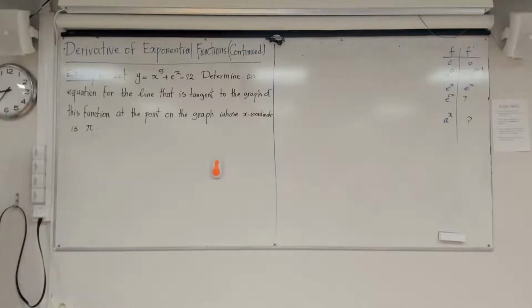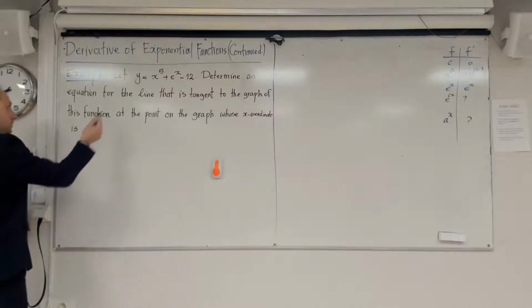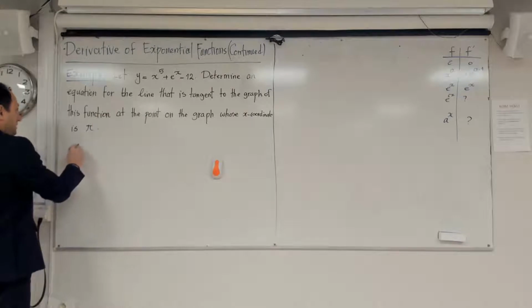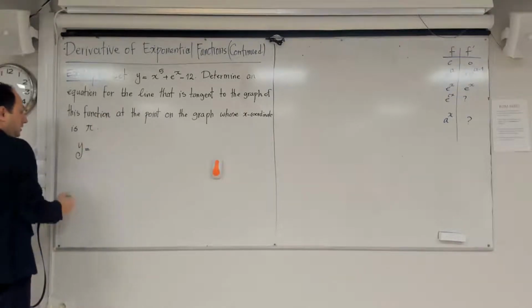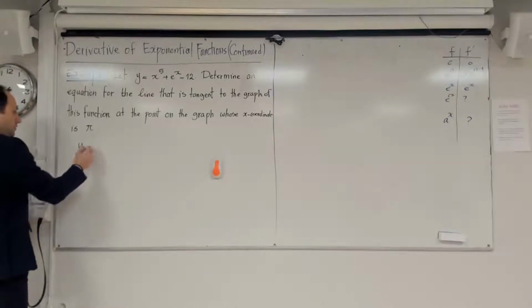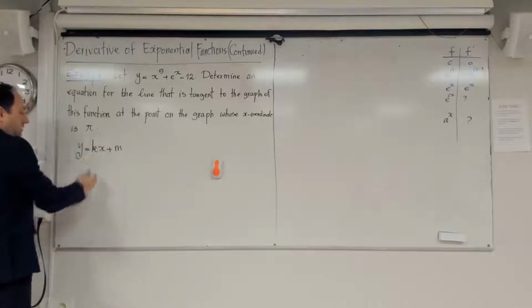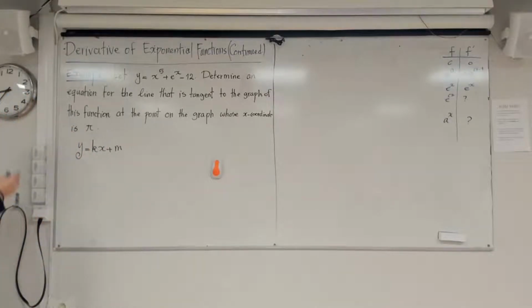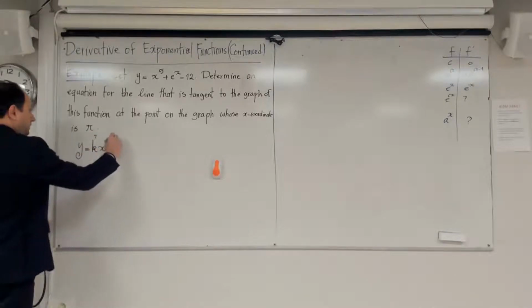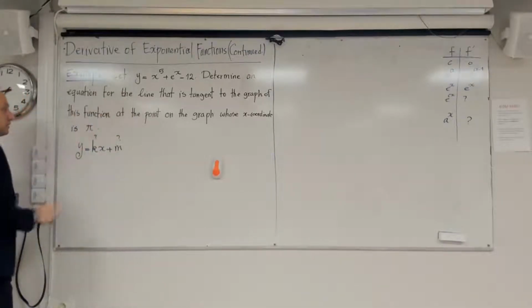The first thing that you need to write for this question is that you need to understand that any tangent line is a line. So the generic formula for the equation of any straight line, except of course vertical lines, is of this form. And then you need to answer what is this one and what is this one by reading this question, okay?